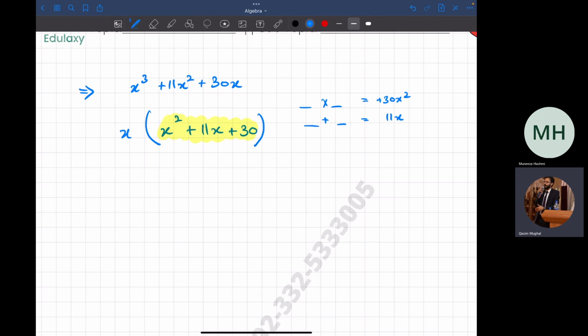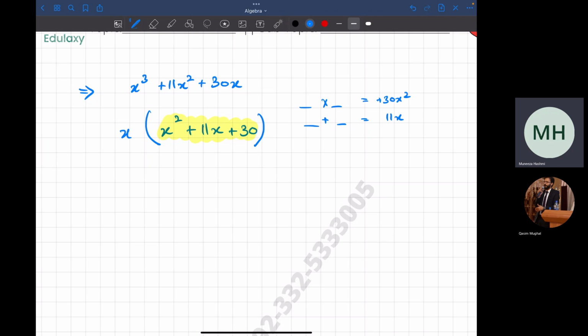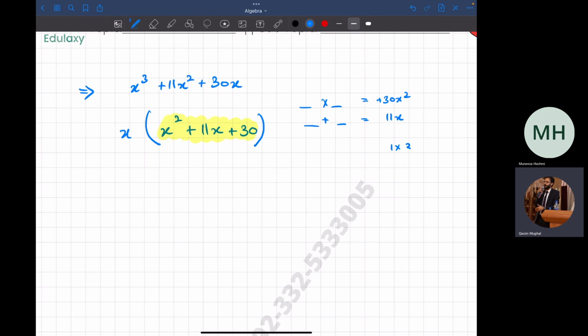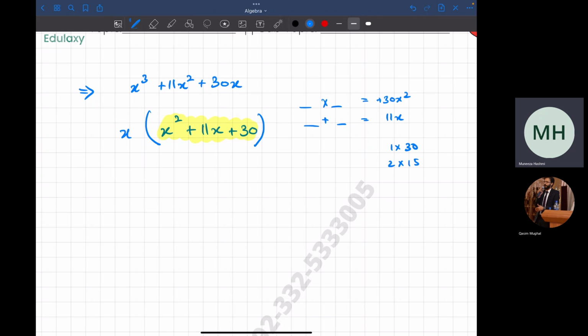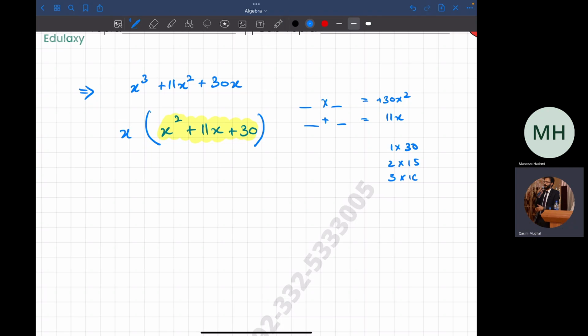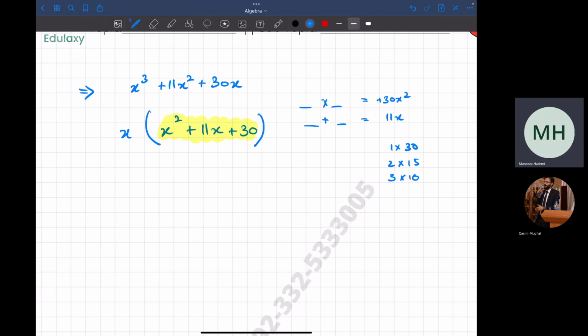What are the two numbers? For 30 and 11. 2 times 15. Next, 3 times 10. Next, 5 times 6.